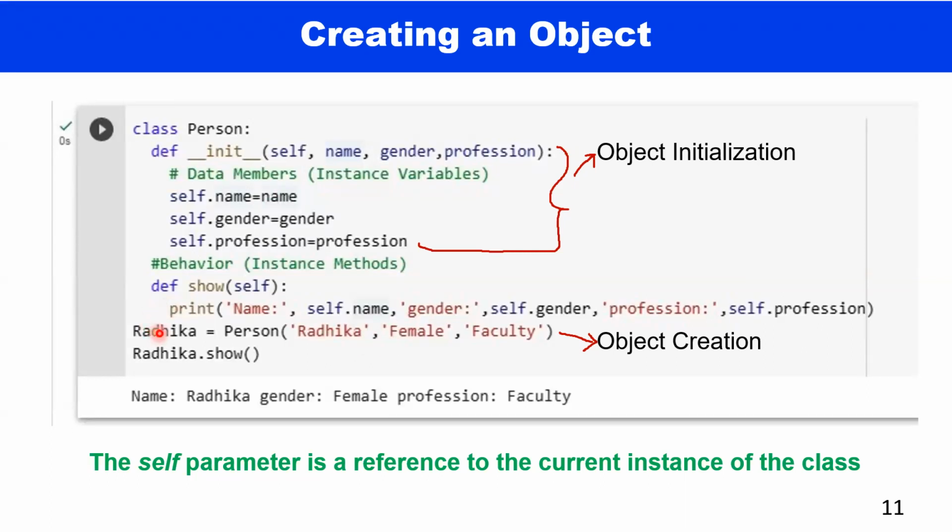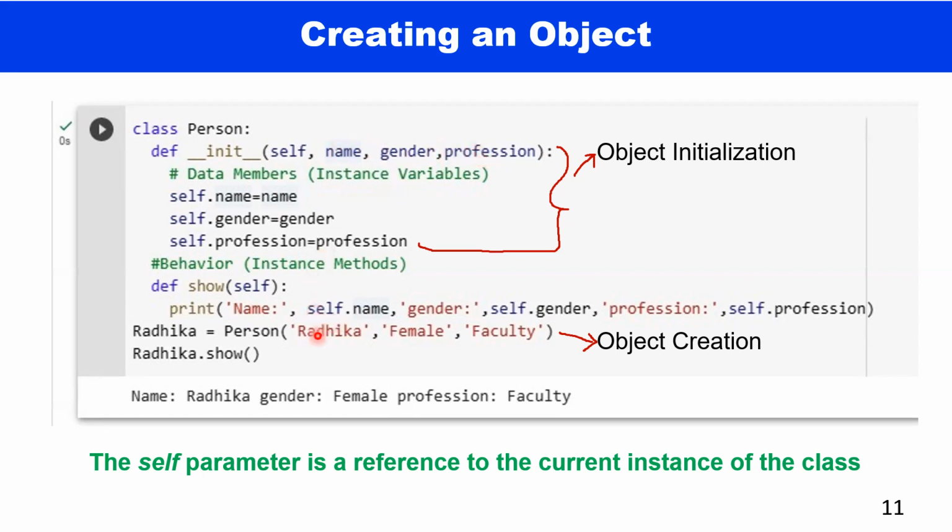Here Radhika is the name of the object. This is how you can create the object called Radhika that belongs to the class person, with the attribute values Radhika, female and faculty. If you look at the sequence of attributes here, it is taking name, gender and profession.